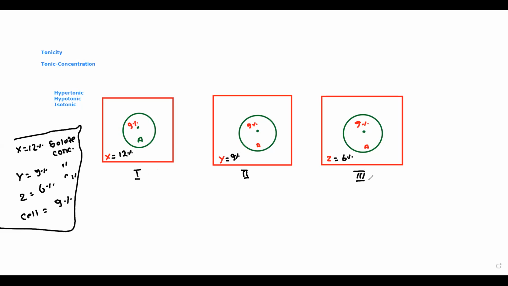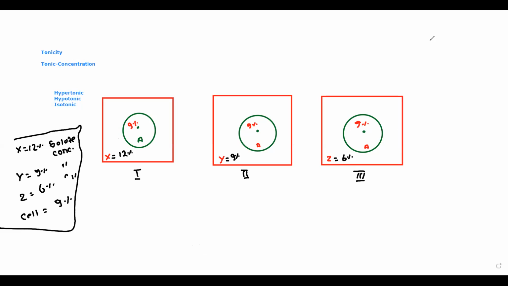In which slide can you observe that the water will enter inside a cell, in which slide the water will come out of the cell, and in which slide there will be no net movement of water molecules across the selectively permeable membrane? Please type your answer in the chat room, then we can move ahead.